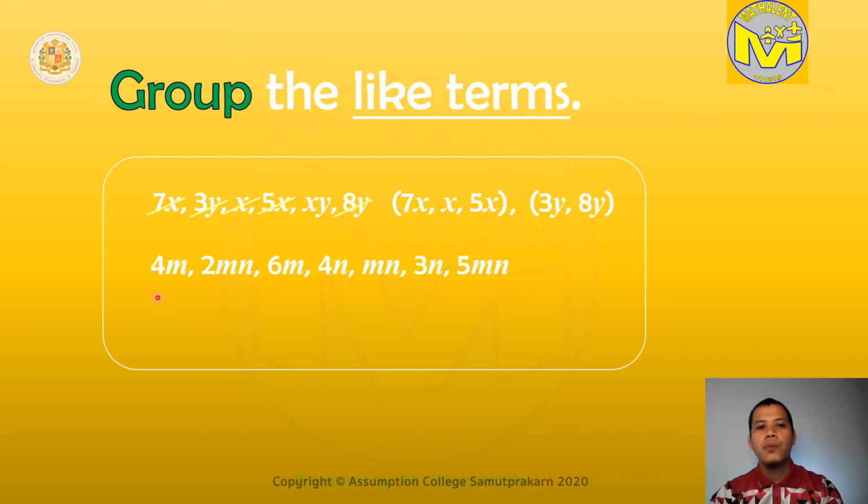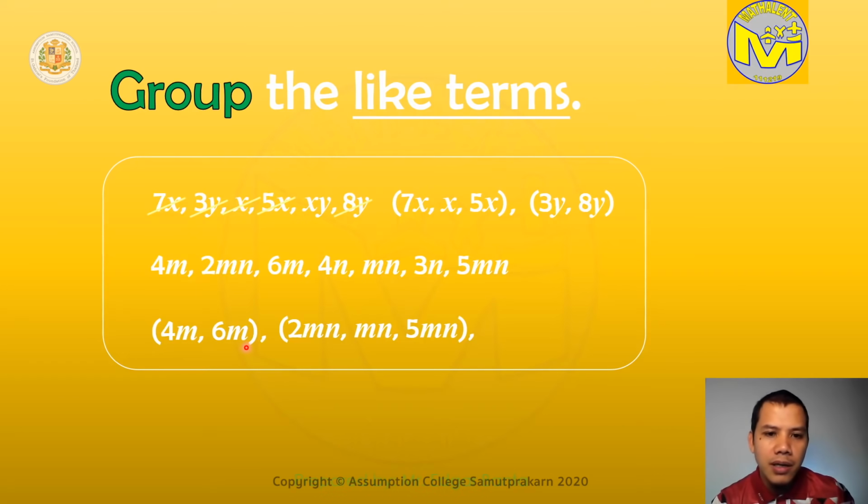So, which is first? M, MN, or N? Remember, always arrange the groups in alphabetical order. So, M is the first. We have 4M and 6M. Put inside a bracket. And then separate by a comma.